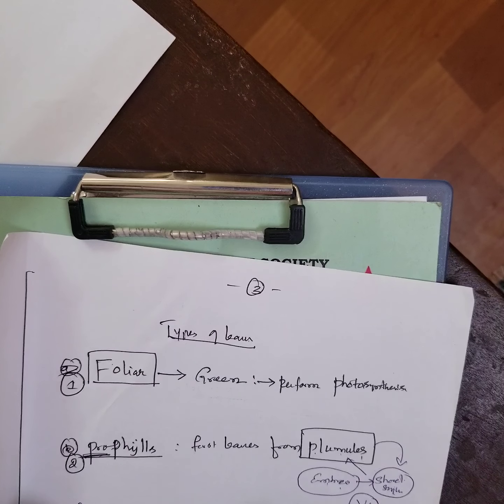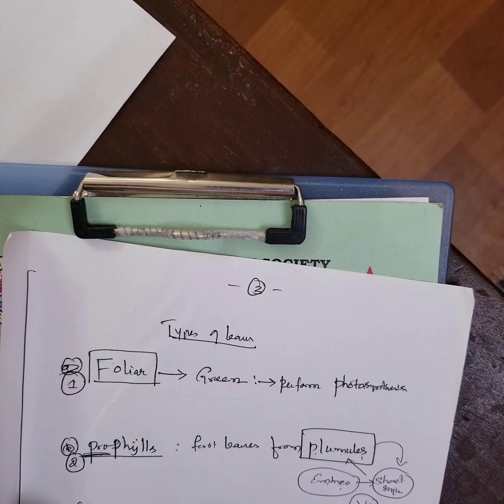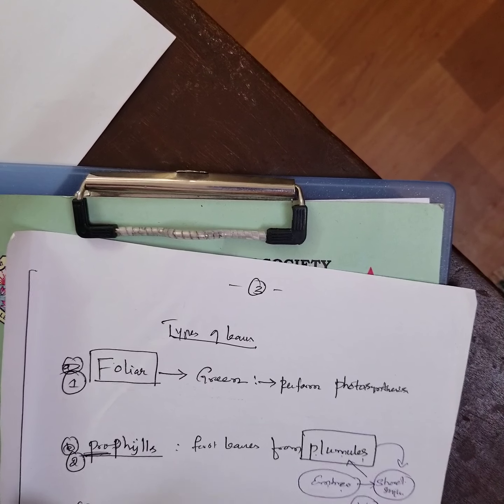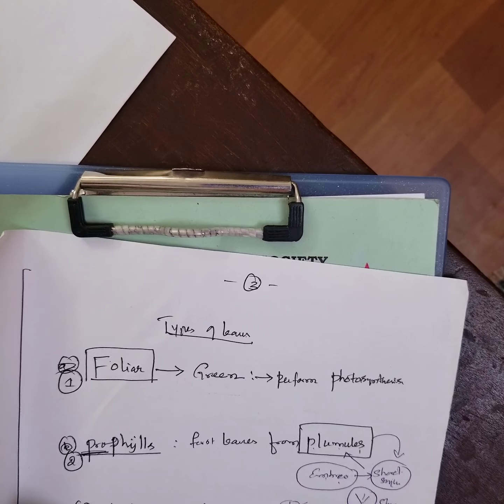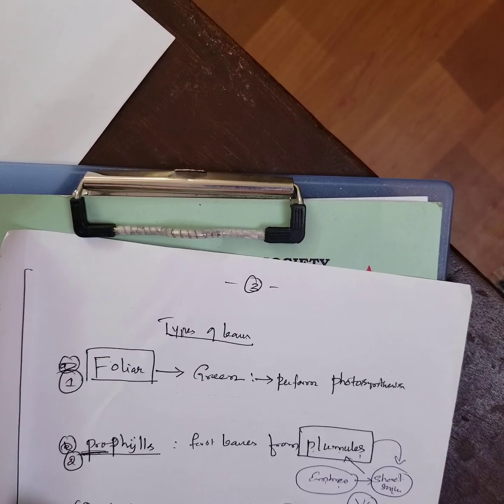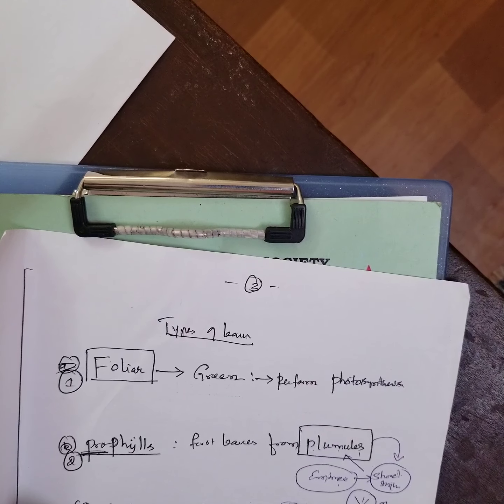Cataphylls. These are the technical terms they use. Actually, where is it present? It is present in the underground stem. Now these words are very, very important. Scaly leaf, cataphyll, remember. Okay.